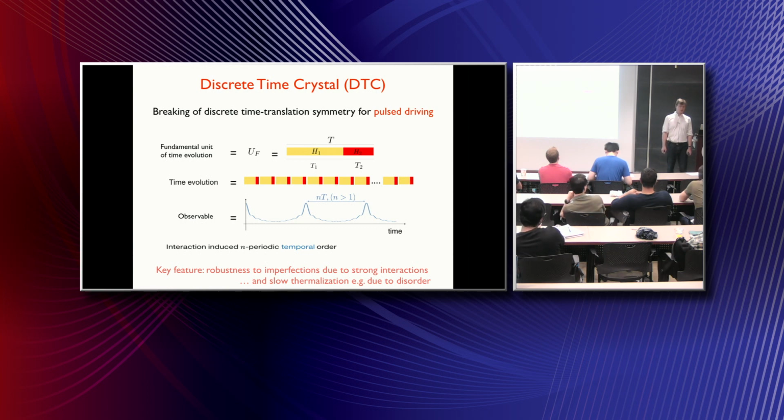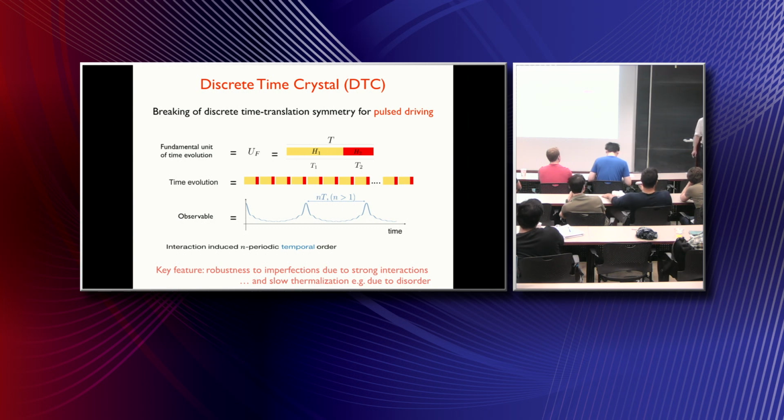Well, a high Q oscillator would not have this subharmonic response if it's a linear oscillator. Exactly. But there is an interesting question: what if you have a nonlinear oscillator?